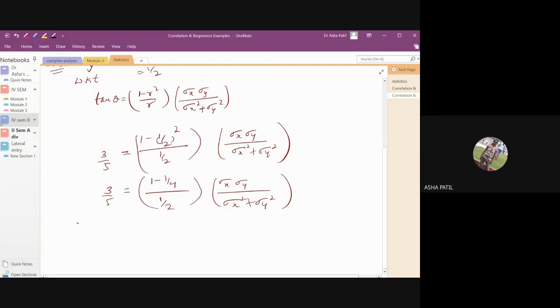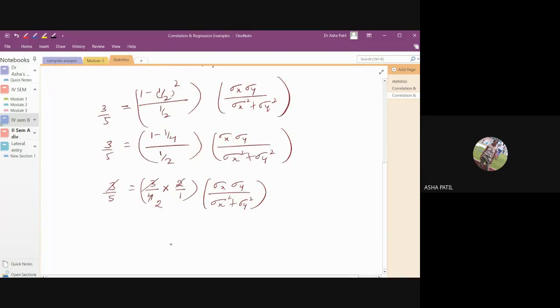So 1 minus 1/4 is 3/4, into this 2. Let me write it in the numerator, it becomes 2/1 sigma x sigma y divided by sigma x square plus sigma y square. So 3 cancels here, and this 2 cancels with 4.